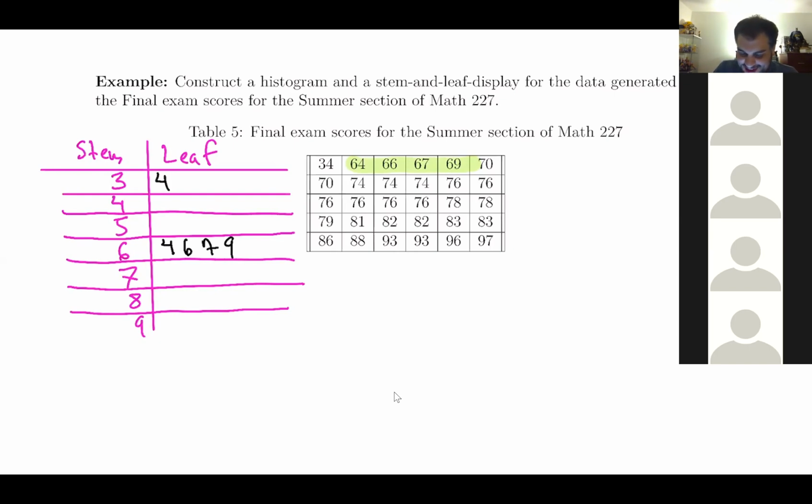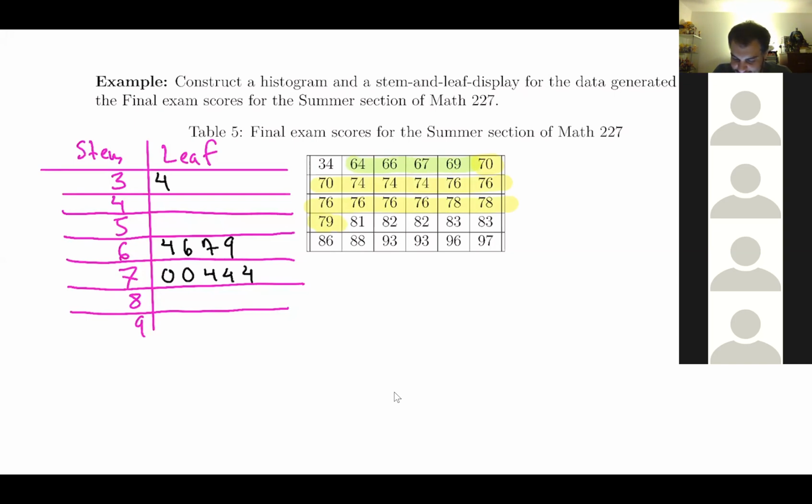I think there are going to be a bunch of scores in the 70s. If you look at it, we have 2 70s, so you put 2 0. You have 3 74s, so you go 4 4 4.